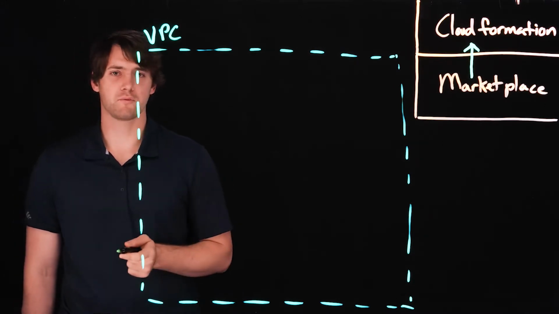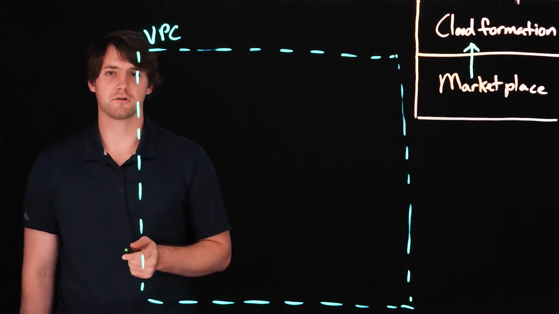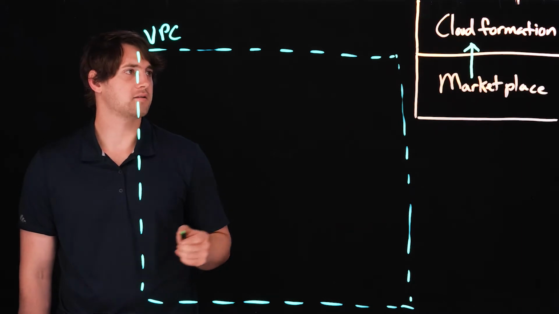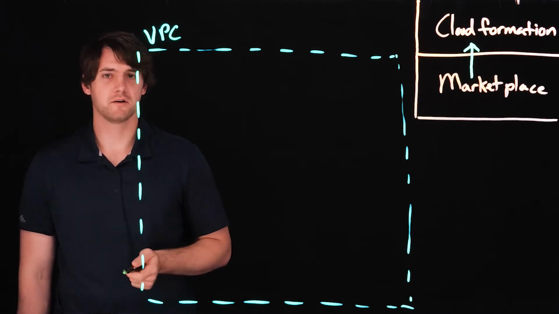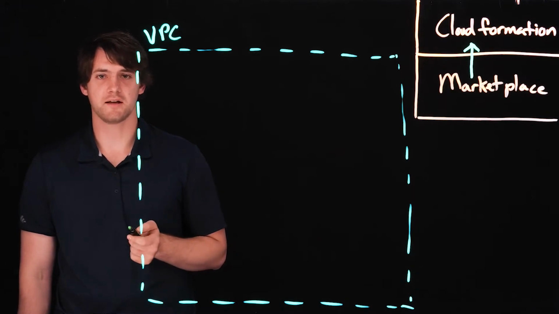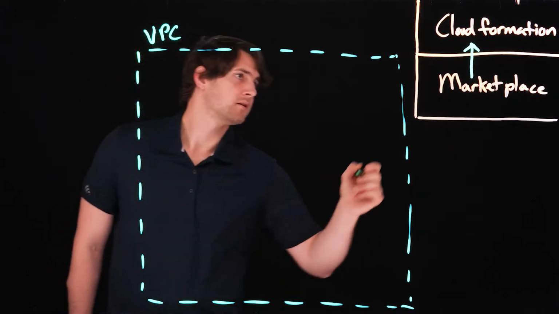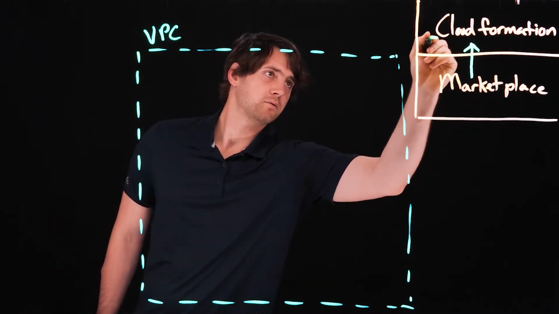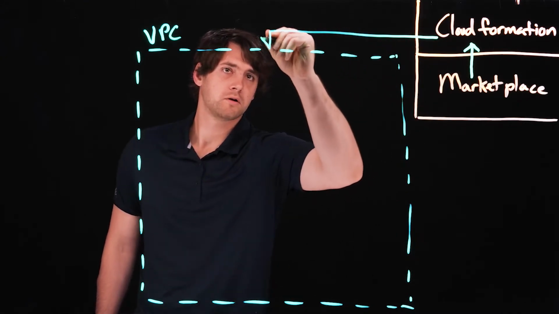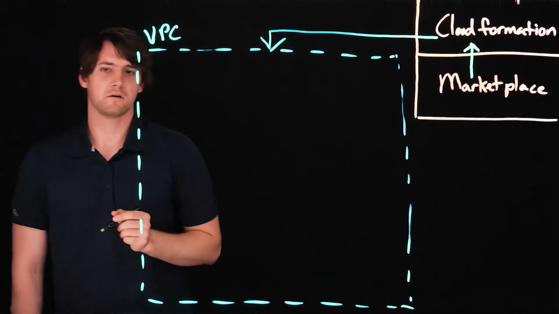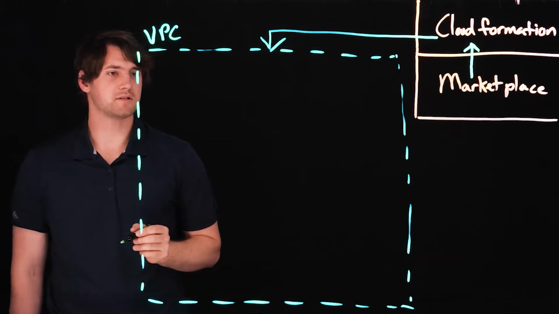CloudFormation is going to control the rest of the deployment and lifecycle of your Cloud Block Store instance, and it's going to be the central place that you'll go to make any changes, upgrades, or even to decommission your array later on. CloudFormation then will provision your Cloud Block Store instance into your VPC.